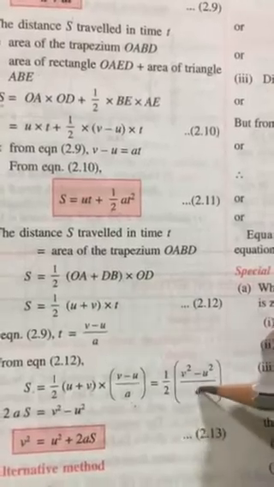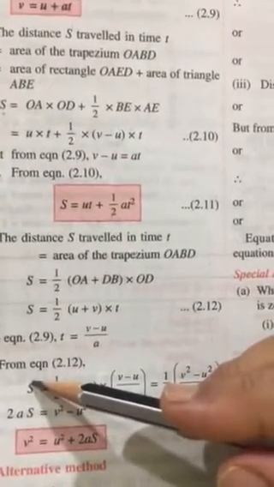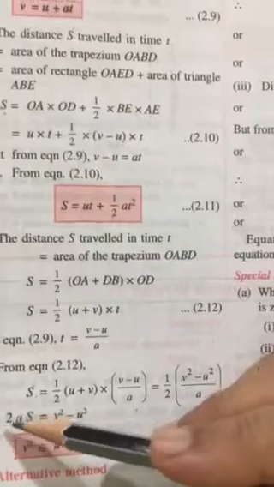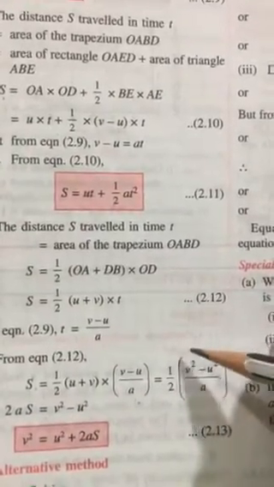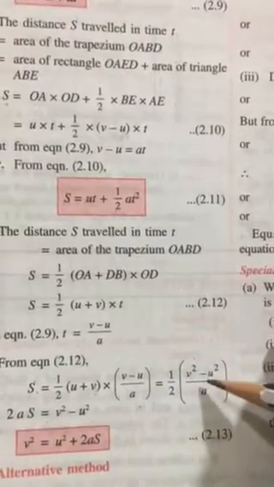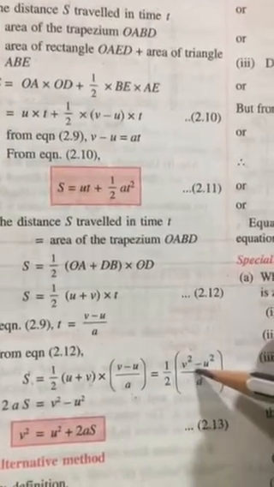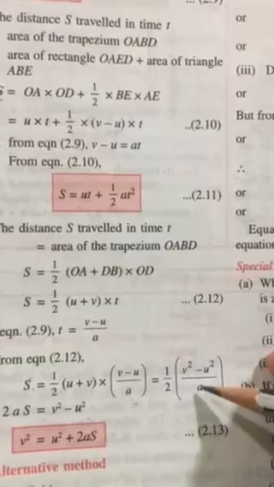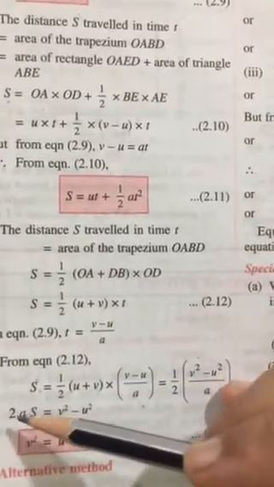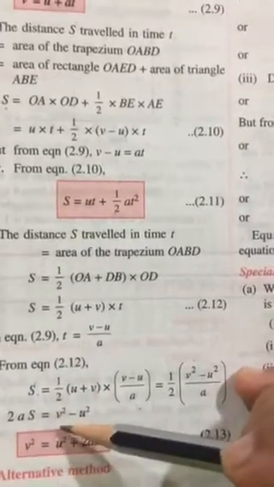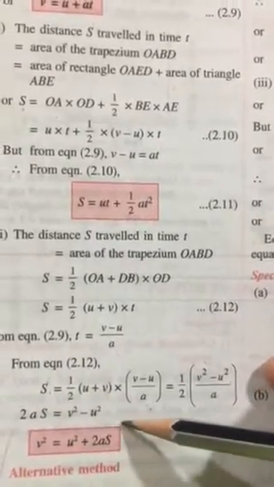If 2 into A goes to this side, then the total formula becomes 2AS is equal to V square minus U square.